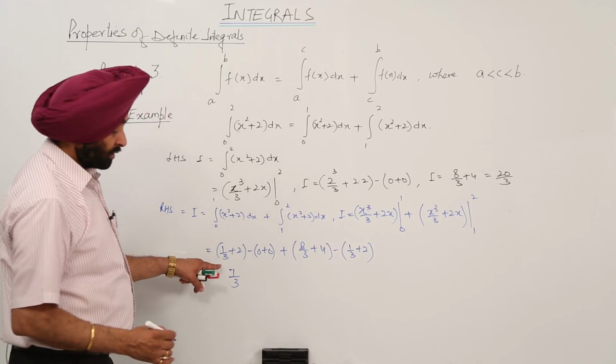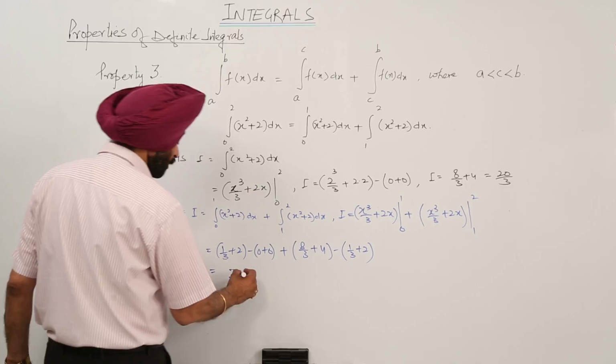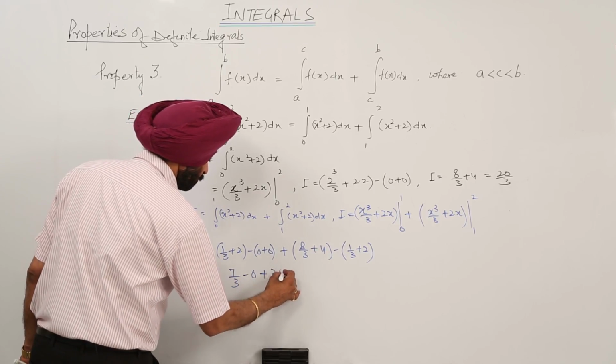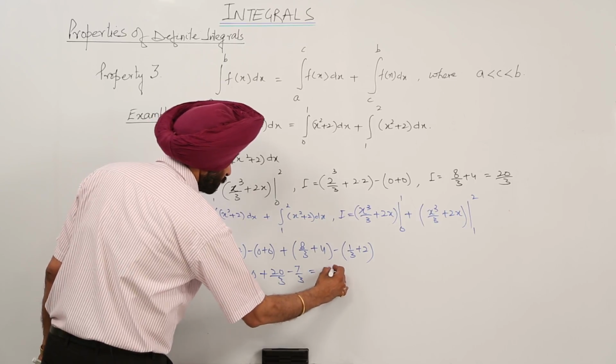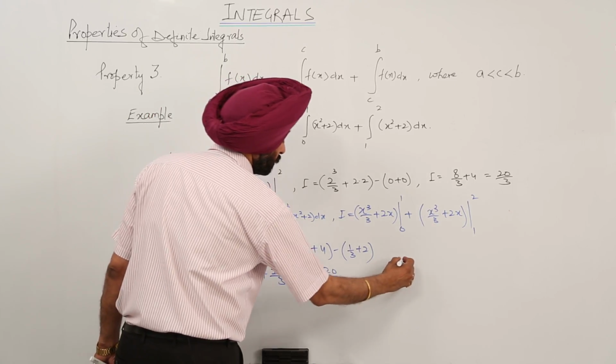This becomes 7 upon 3. Okay, 7 upon 3 minus 0 plus 20 upon 3 minus 7 by 3, and this is equal to 20 by 3.